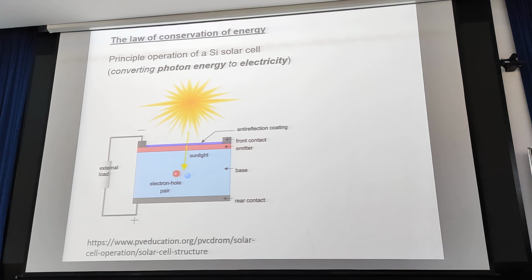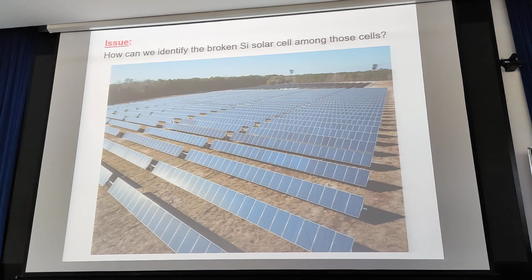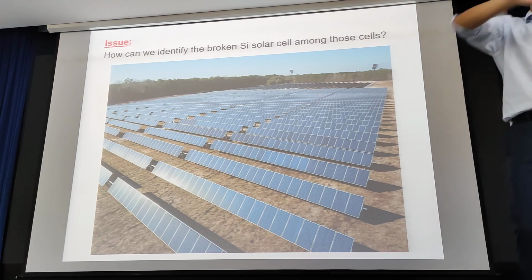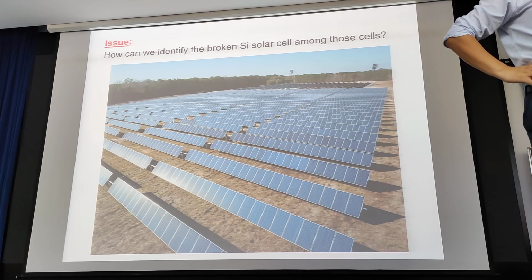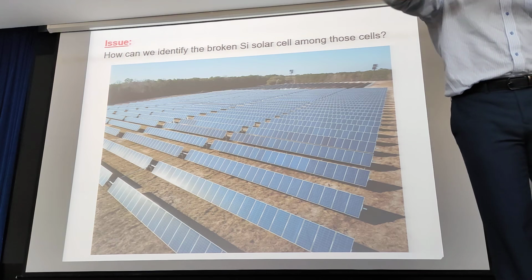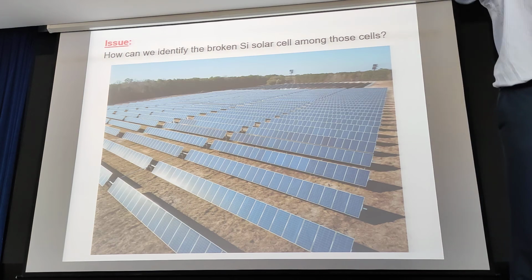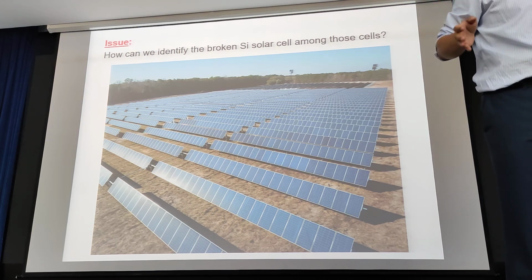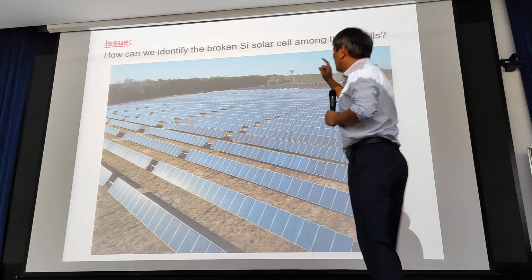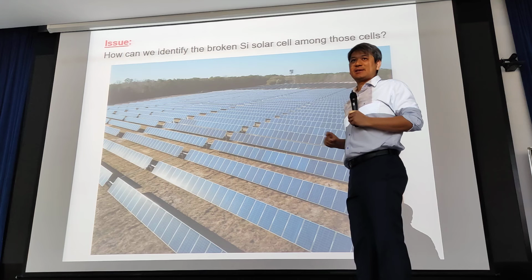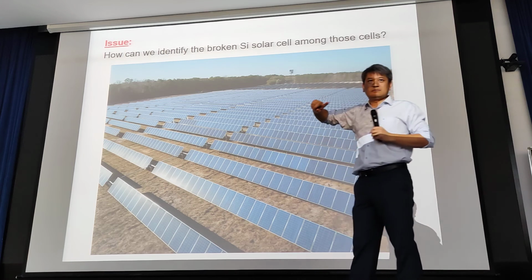Now, the problem. Here you have a farm of thousands of silicon solar cells. They are linked one to another to produce electricity for the whole country or the whole city. Now, the question is: how can we identify the broken solar cell among this group?